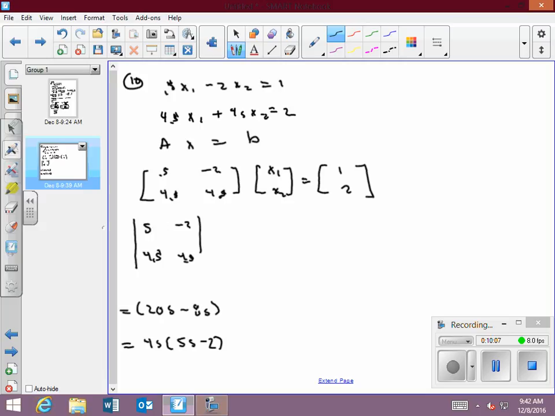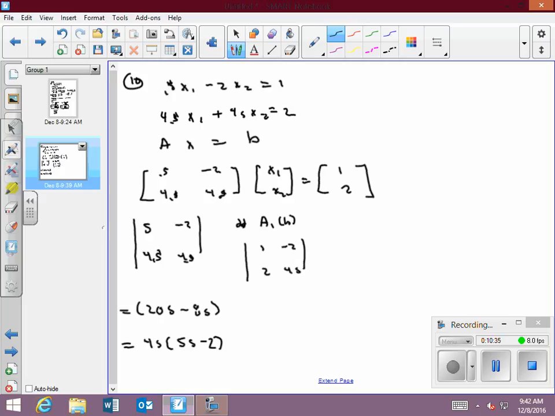And then the A1(b). We're going to do the determinant of that. In place of the first column, we put 1, 2, then minus 2, 4s.